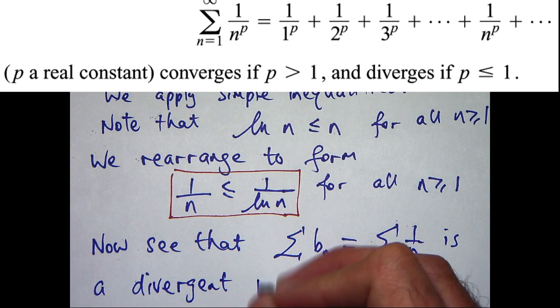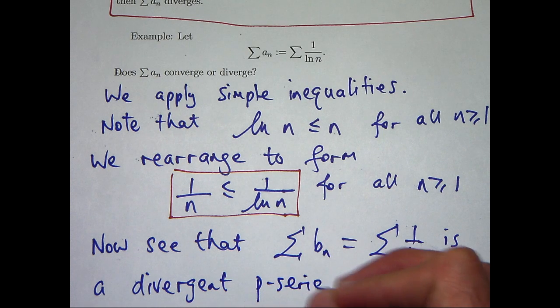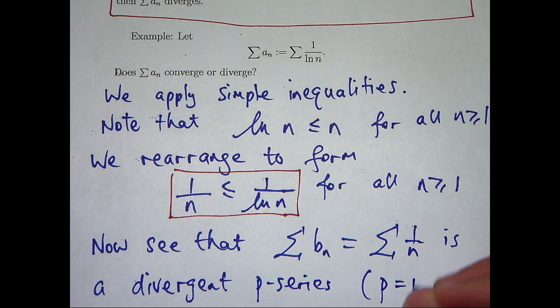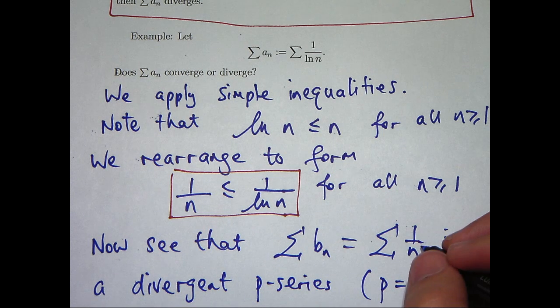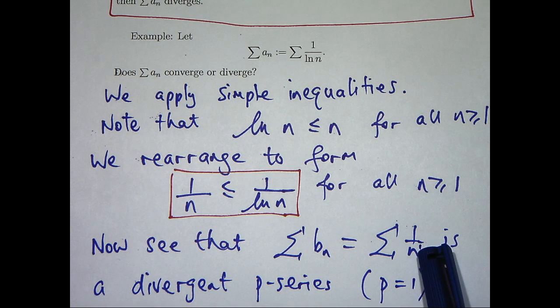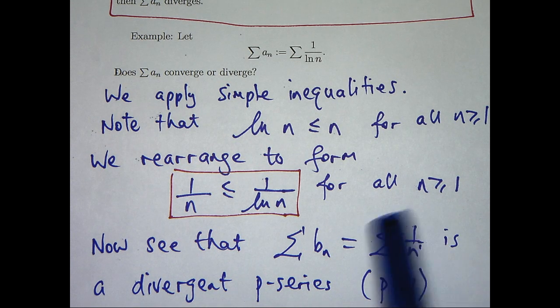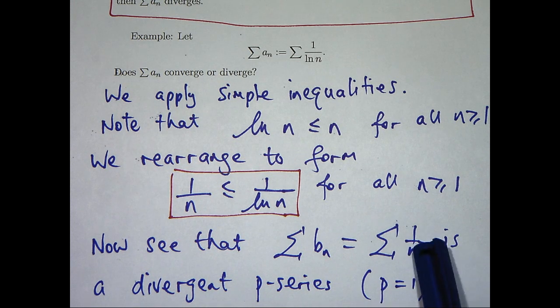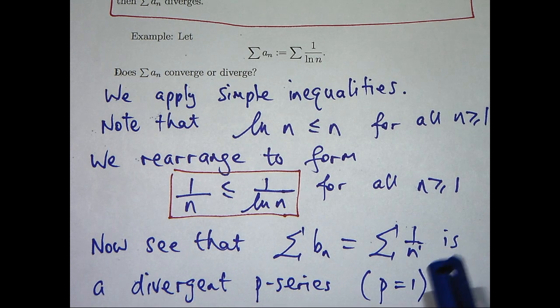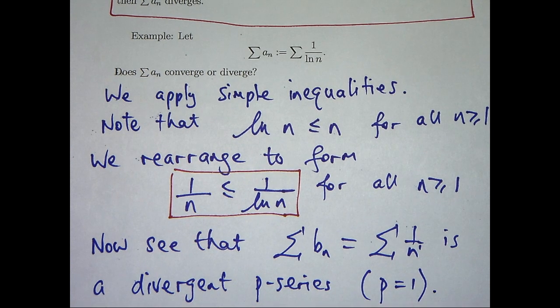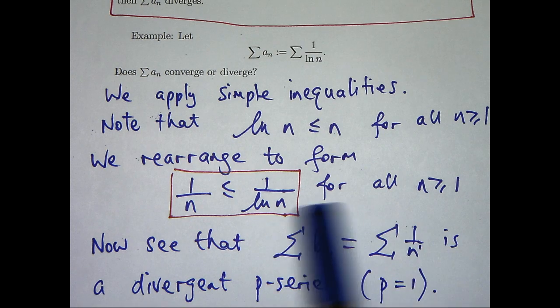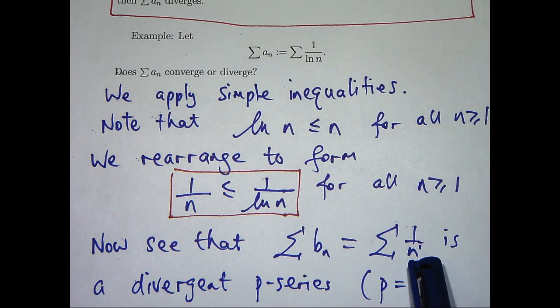It's a divergent power series. Now, these types of series are convergent when the power is strictly greater than 1 and divergent otherwise. So yes, this new series that we've constructed is divergent.